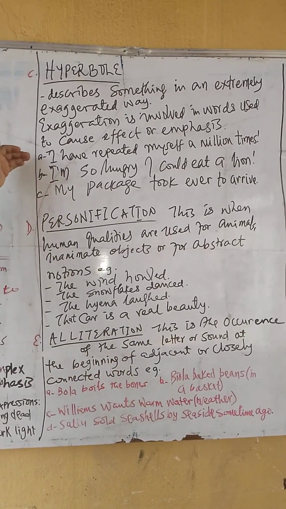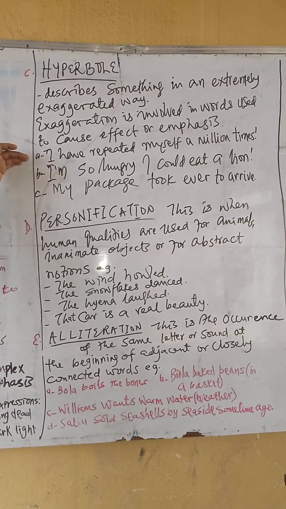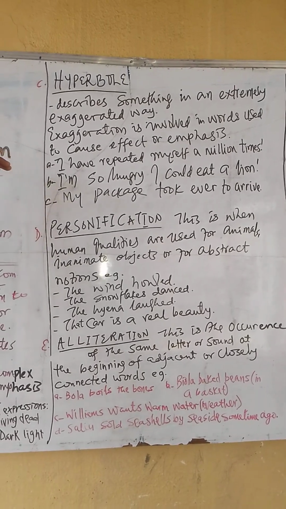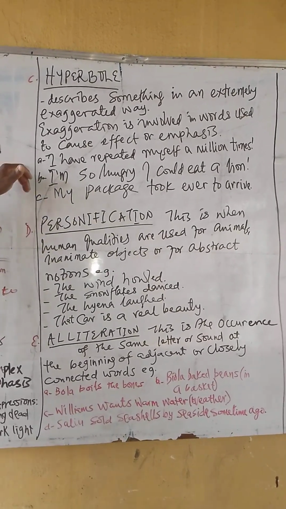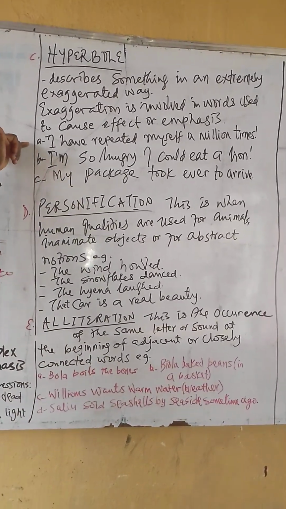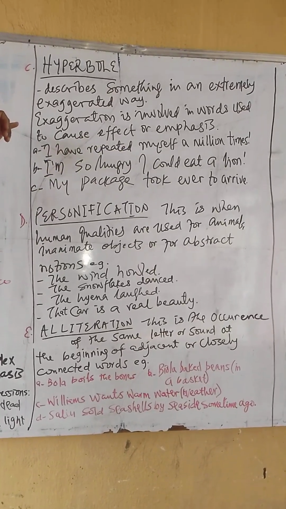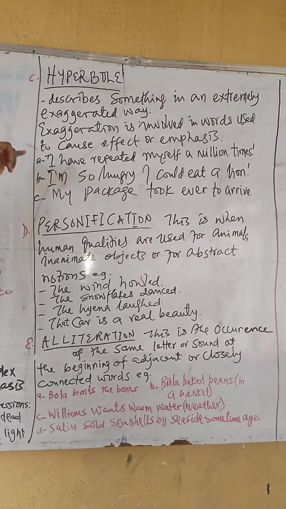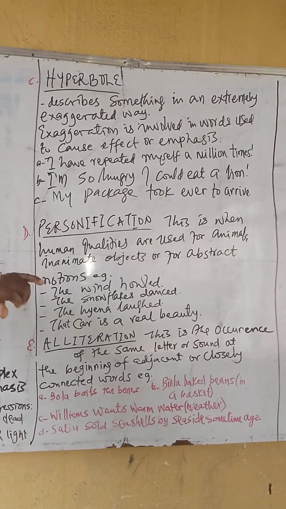Example: I've repeated myself a million times. Is it possible that somebody will say something a million times while talking to somebody who is not deaf? So you can use that kind of word to create an impression, to exaggerate the situation at hand at that point in time.